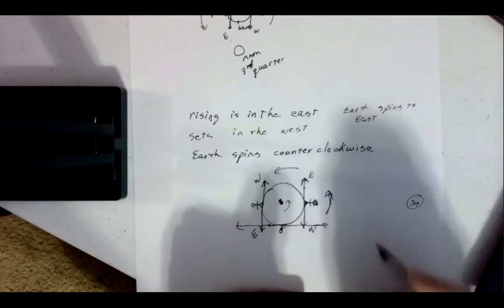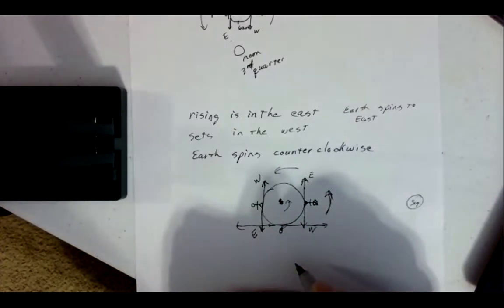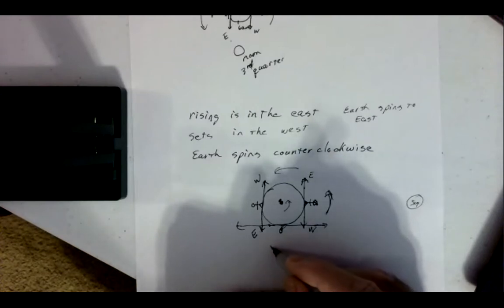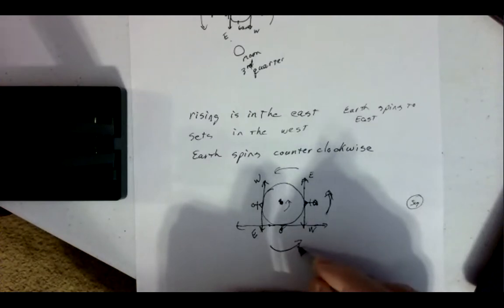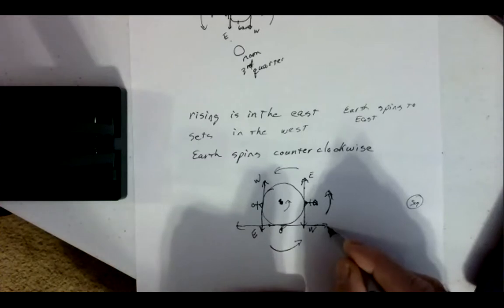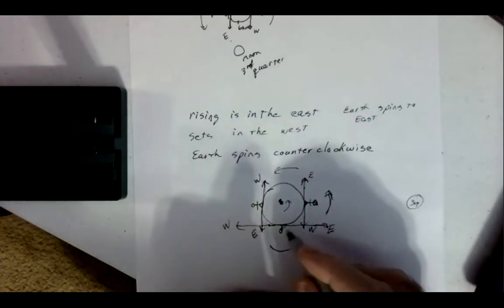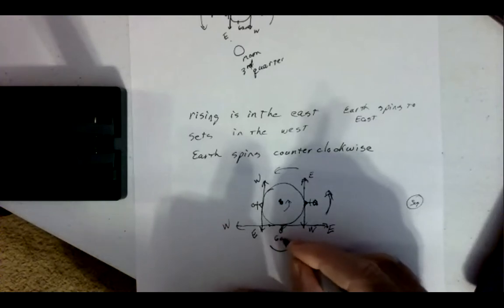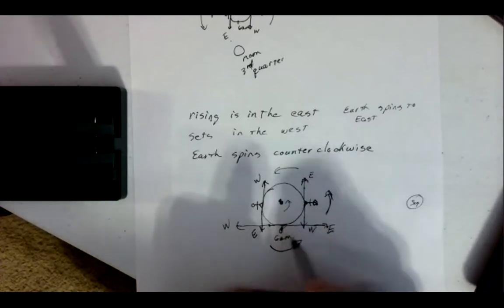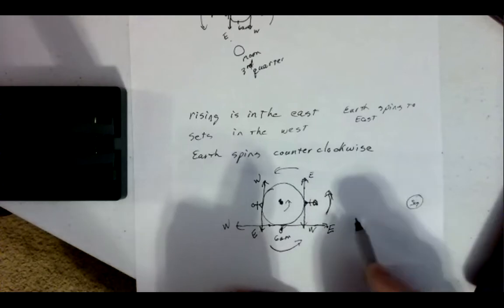What if I put Herb here? East will be left, west will be right. Which way is the Earth spinning? Counterclockwise. So it's spinning this way. You see the arrow's going over to this one, so east would be right. Which makes sense because down here this is 6 a.m. And if Herb's here, the sun's going to be in the east. It's going to be rising in the east.